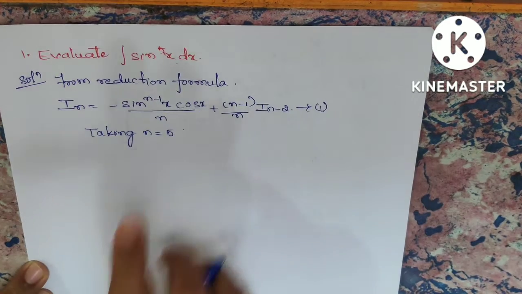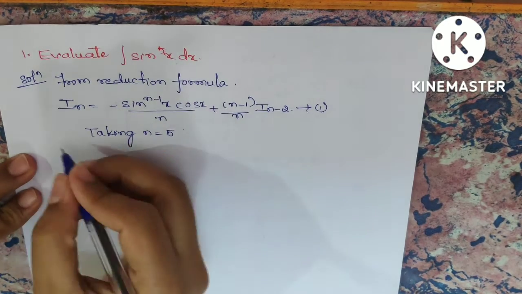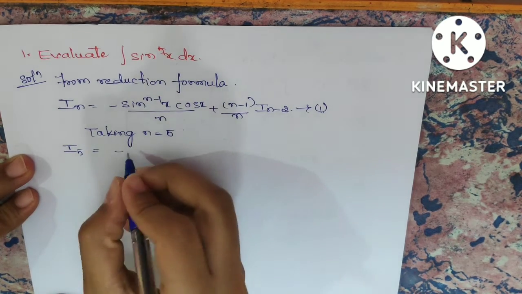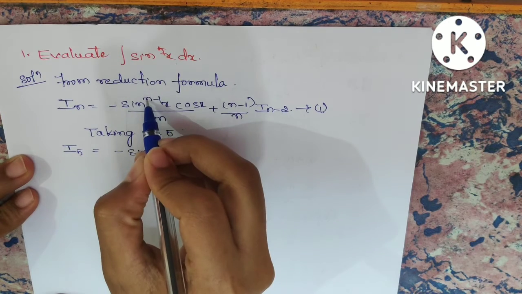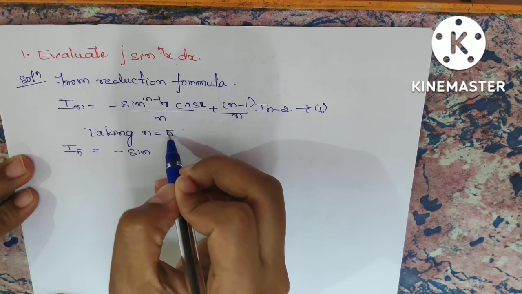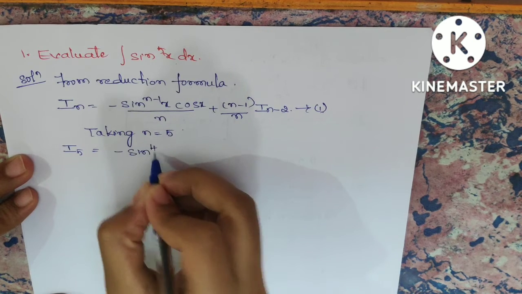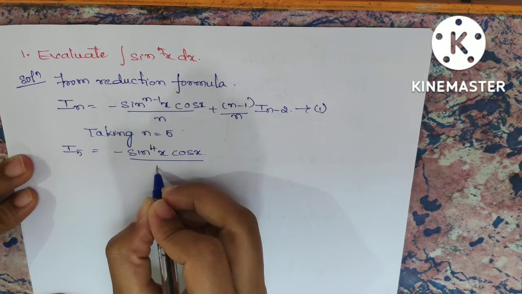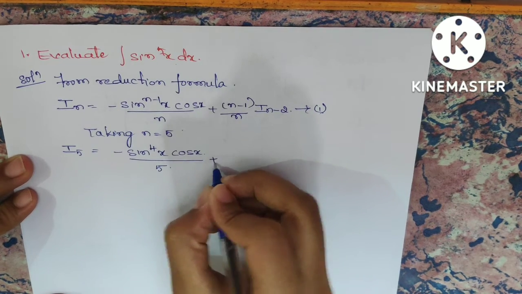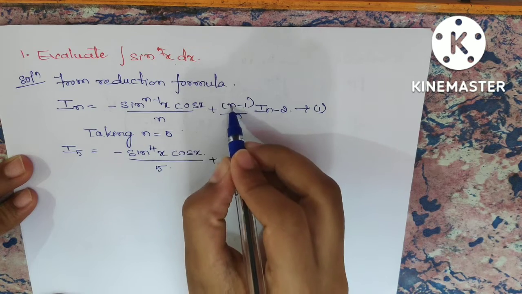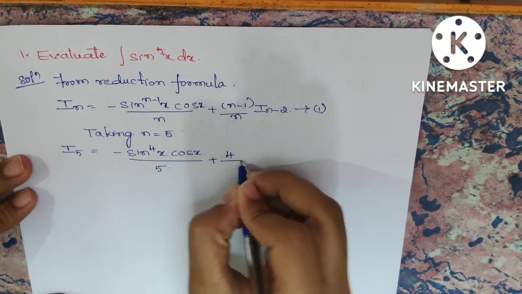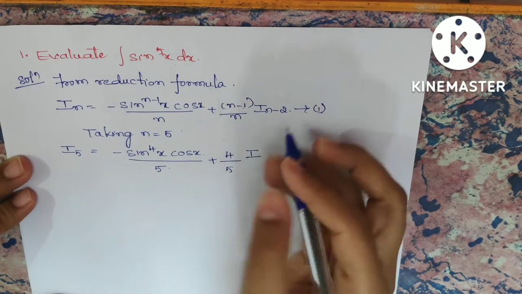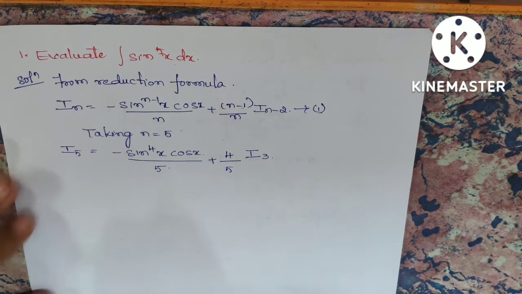Let it be equation 1. Now taking n equals 5 in 1, we get I_5 equals minus sin, in place of n we have to take 5, 5 minus 1 will be 4, x cos x divided by 5 plus n minus 1, that is 5 minus 1 is 4, by n is 5, I_n, 5 minus 2 is 3.